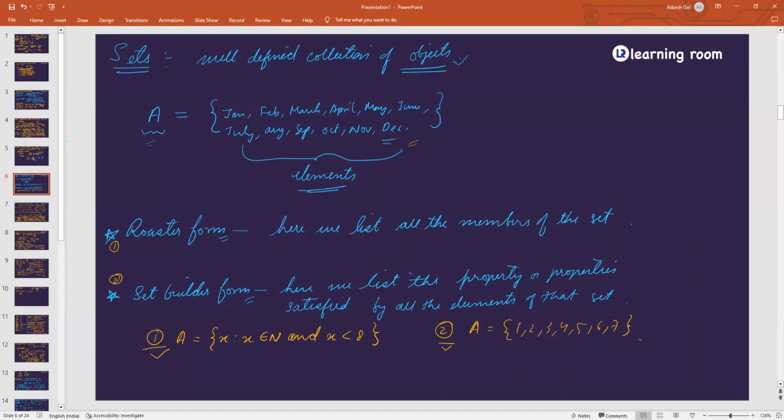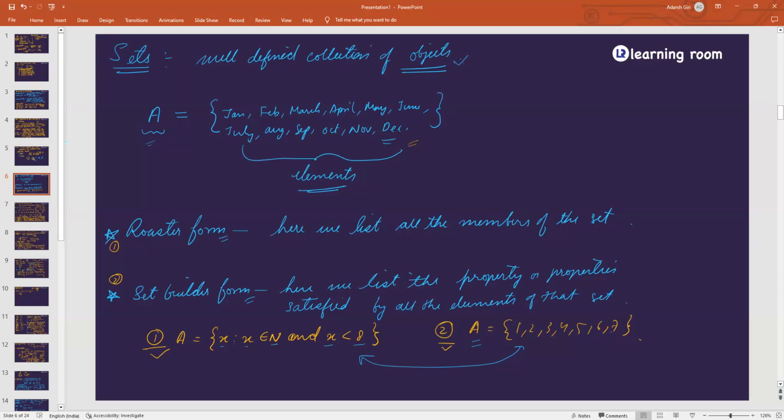For example, if I'm writing A as a set of 1, 2, 3, 4, 5, 6, 7, and in another way, I'm writing A is a set of X such that X belongs to N, natural numbers, and X is less than 8. Aren't these two pointing to the same elements? Think and tell me. Both are giving the elements 1, 2, 3, 4, 5, 6, 7. Can you tell me which one is roster and which one is set builder form?